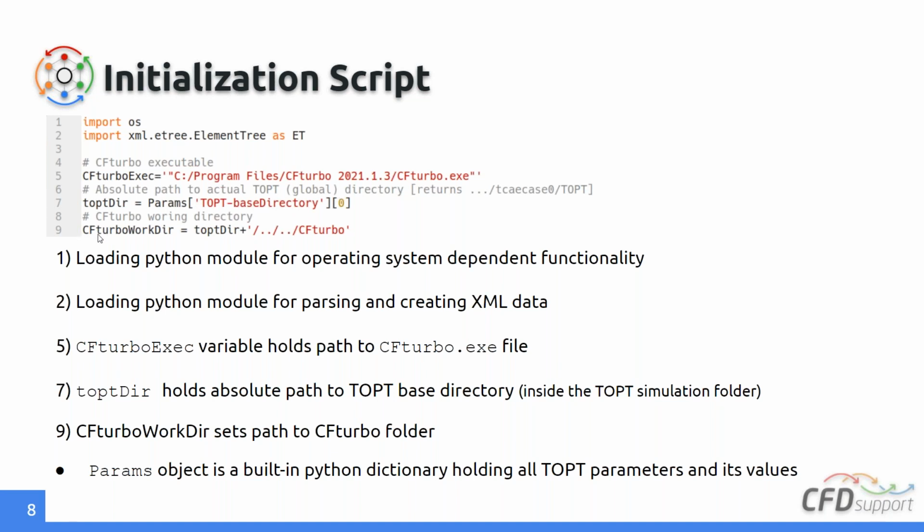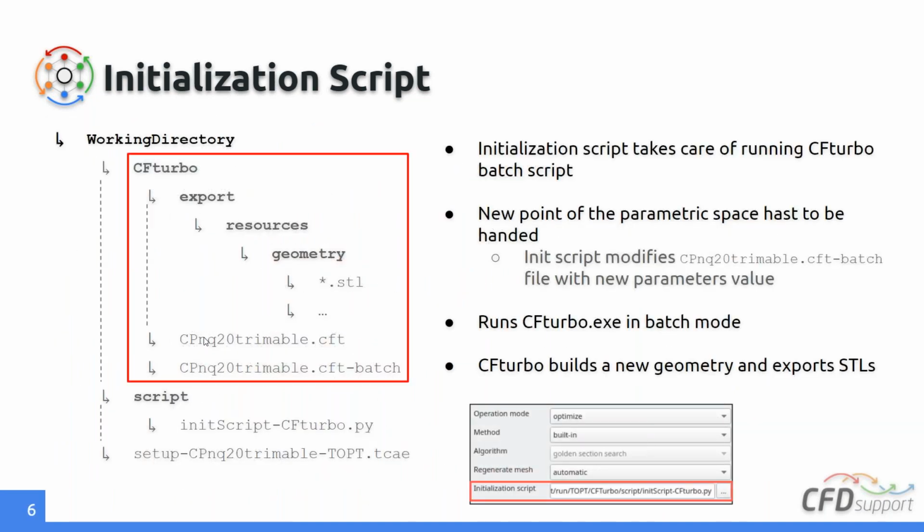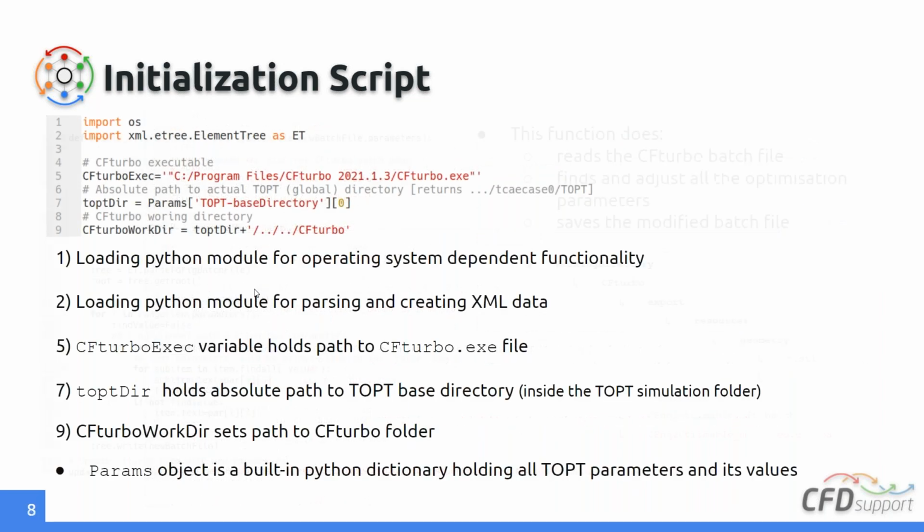And then we also define the CFturbo working directory, because there we would like to run CFturbo in batch mode. So we just refer from this base directory to the CFturbo folder following our file structure. We would like to have the reference to the CFturbo file wherever we run it.